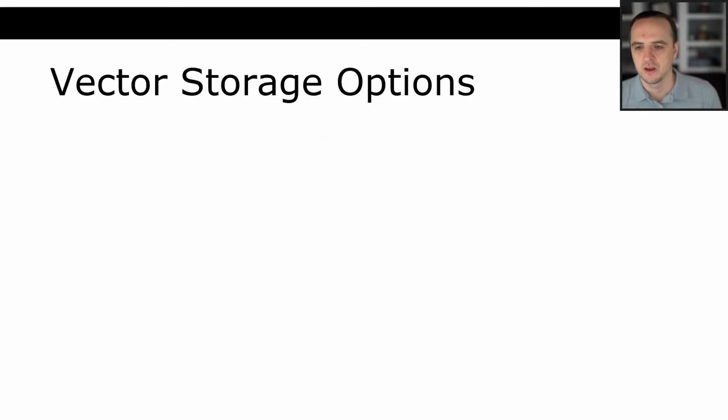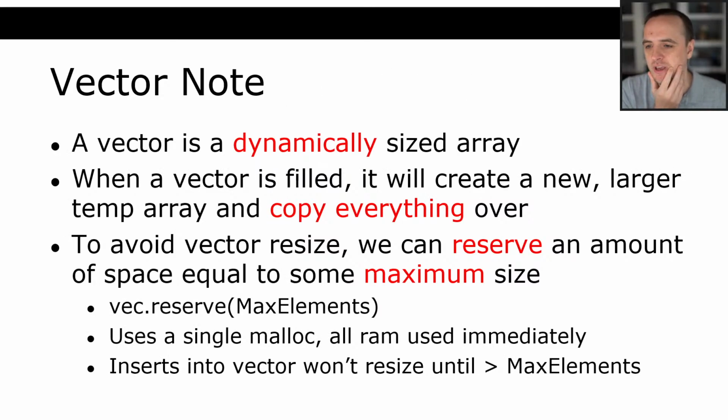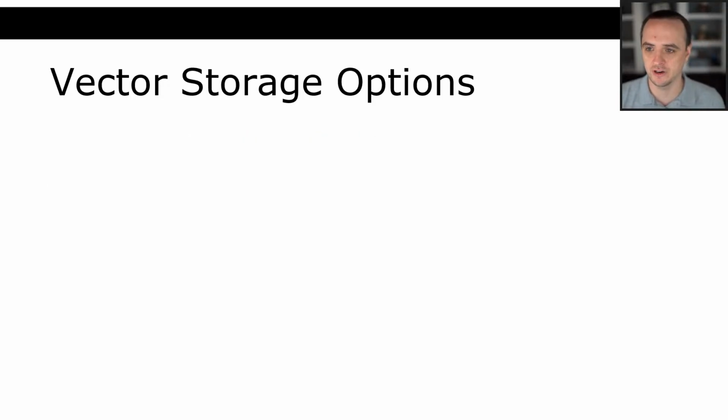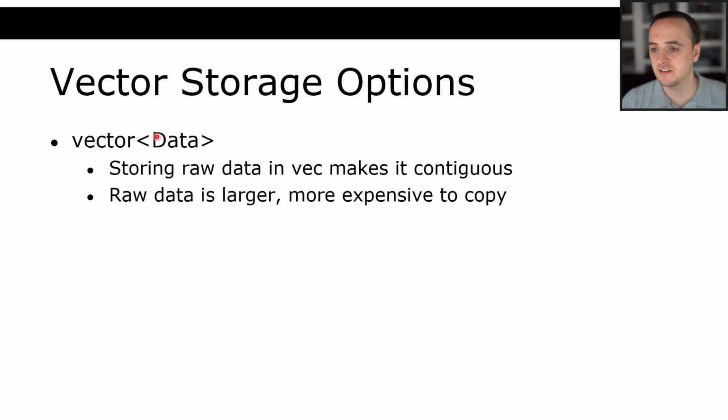So, not only do we have to choose whether we reserve space with a vector, but what data do we actually want to store in our vector? Let's have a look at a couple of different storage options. Let's say we have some data structure, like a struct, and that struct is the data that's in our entity, for example.